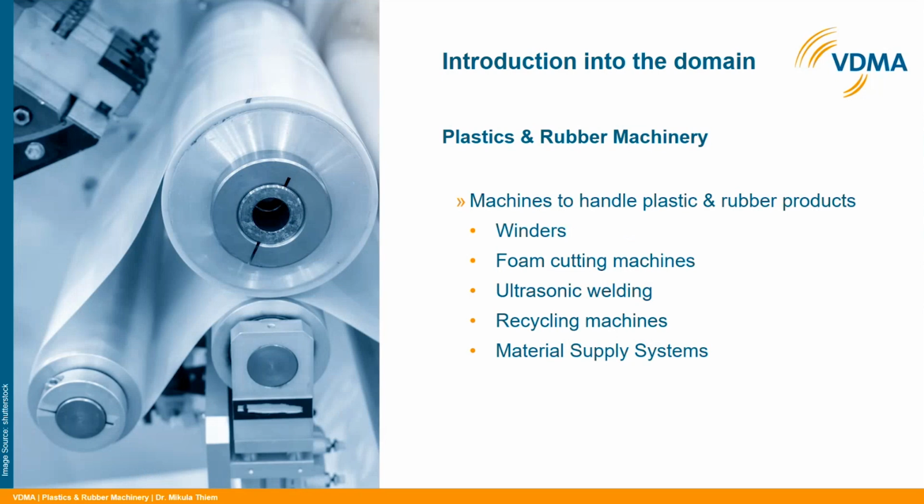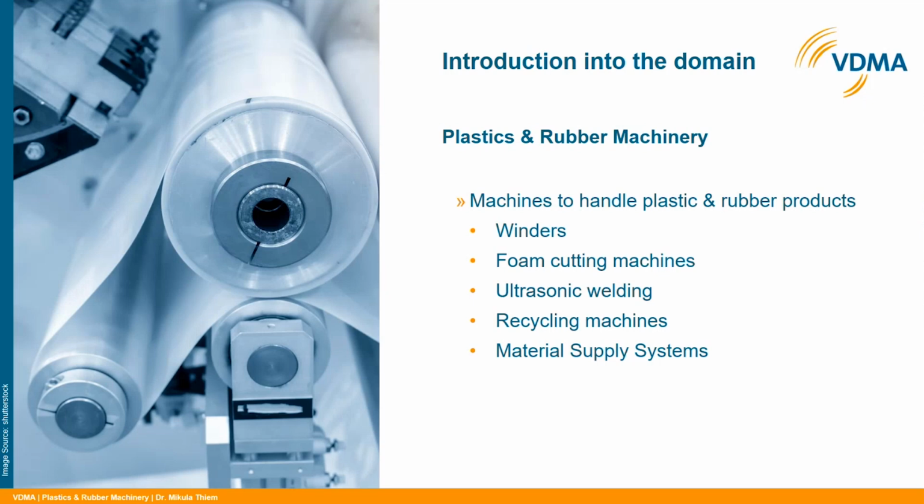And then there is a machine group which handles the finished or part finished products. For example, winders, what you can see here in the picture, for the winding of plastic film into large rolls, or foam cutting machines for the production of mattresses, for example. Ultrasonic welding devices to join two halves, for example, for the product.